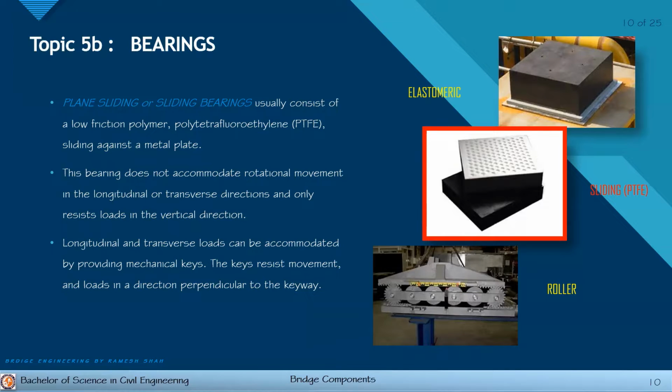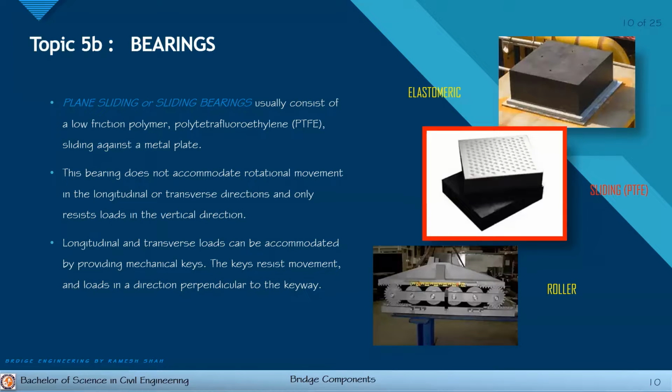So it is like a pad lang din, pero ang kaibahan niya is meron siyang metal plate na parang naka-sandwich or naka-attach sa kanya, na kung saan doon sila nagsaslide in order to resist the vertical direction of our loads na pwedeng mapunta sa ating bearing from our superstructure.